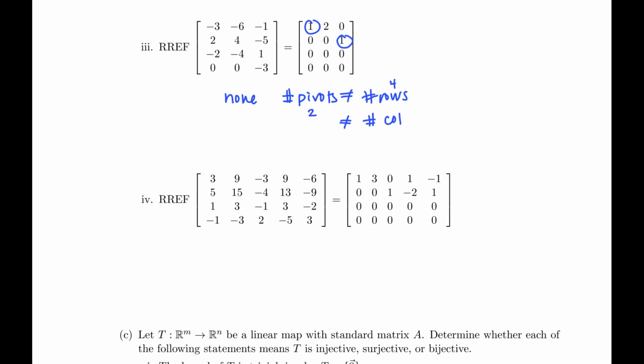We definitely aren't spanning in terms of those column vectors, which means we are not surjective. We can't hit everything in our space that we're moving to. In fact, this particular transformation would be moving from R3 to R4. Think about how we would multiply if we did the matrix multiplication here. We need a vector that has an x, y, and z, and we would get out a 4D vector.